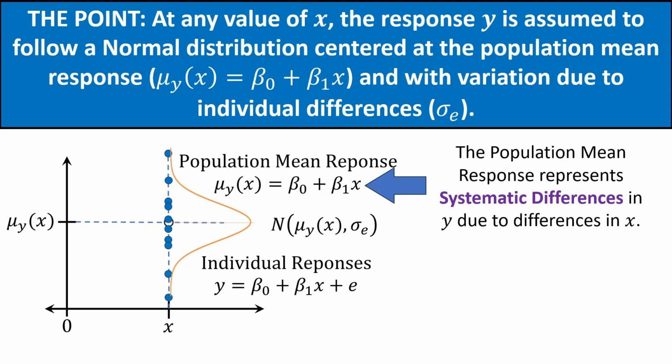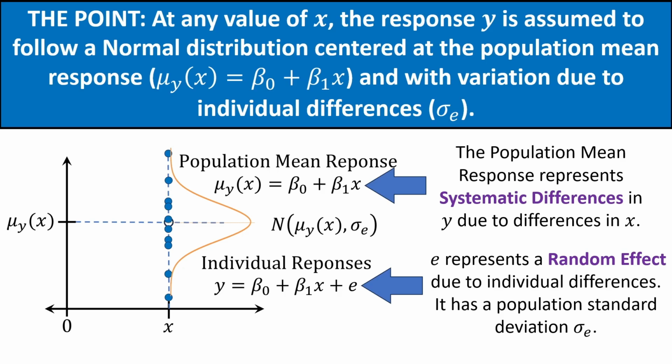In our scenario, it represents systematic differences in the change in playing strength due to differences in the number of hours a person watched these videos. And this E represents random effect due to individual differences. It has a population standard deviation. That's also a population parameter.